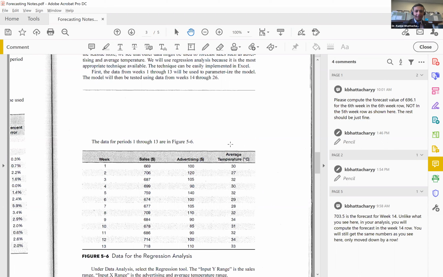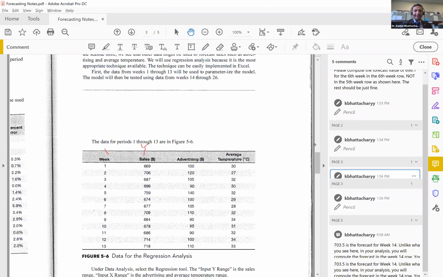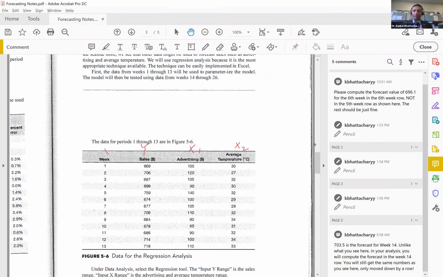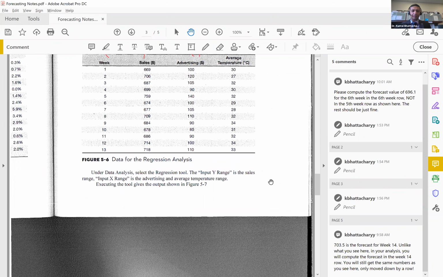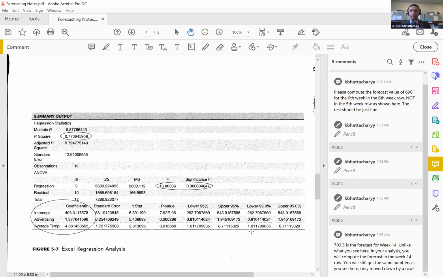So instead of looking at the week, you're looking into this sales value as a function of these two variables, essentially. Once you run the regression for the first 13 weeks, you'll be able to see the regression output, and this is something that you are extremely familiar with at this point of time.